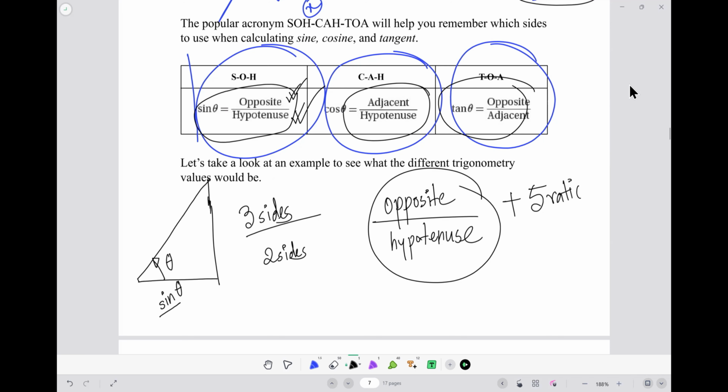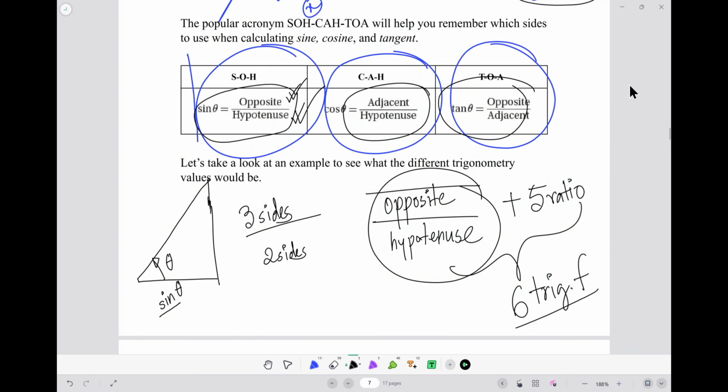We have in total six trigonometric functions: sine, cosine, tangent, cotangent, secant, and cosecant.